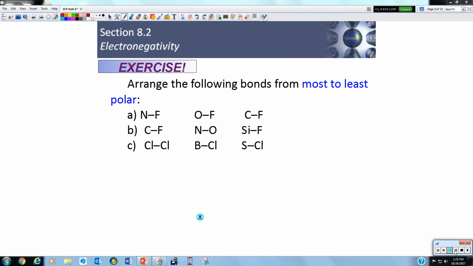Again, I showed you how to do EN difference, but I don't really want us doing that. So let's just look at the positions on the periodic table. Of these three, nitrogen and fluorine, oxygen and fluorine, and carbon and fluorine, which two are the closest together on the periodic table? All right, so this is the closest.